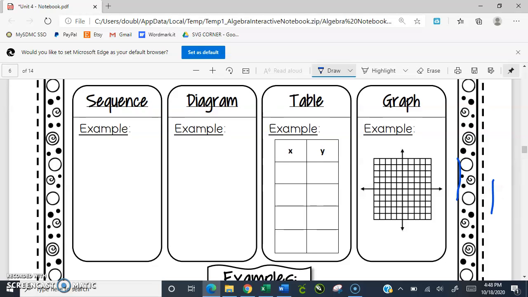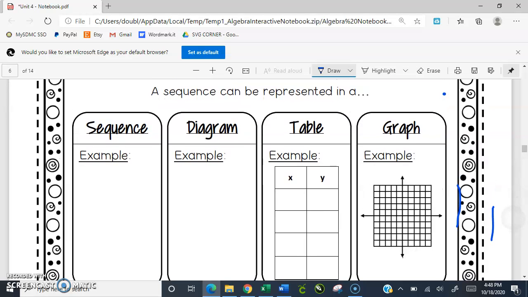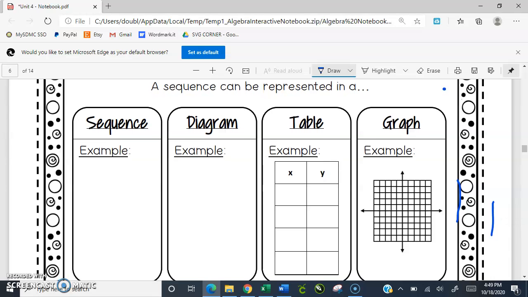Okay, so a sequence can be represented in a lot of ways. Let me give you an example right here. If we have the numbers 3, 7, 11, and 15.